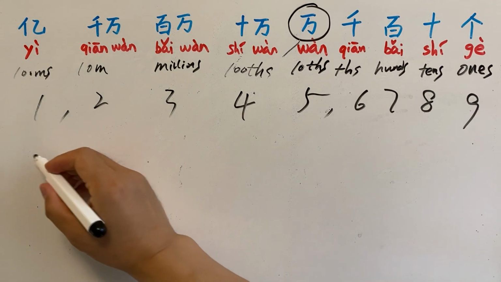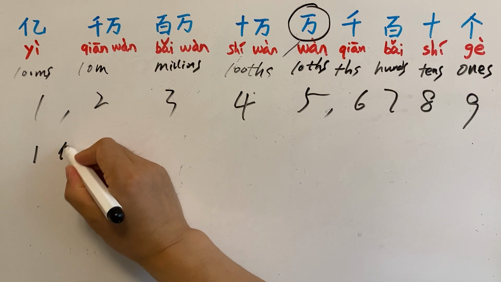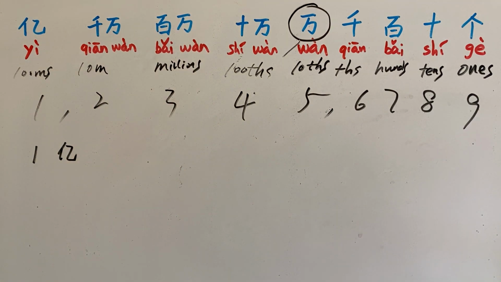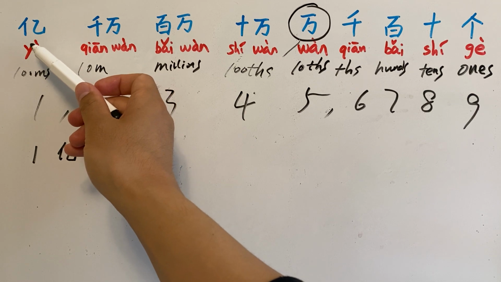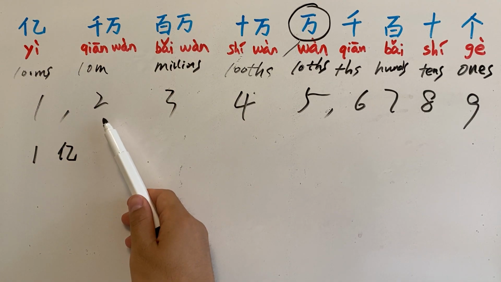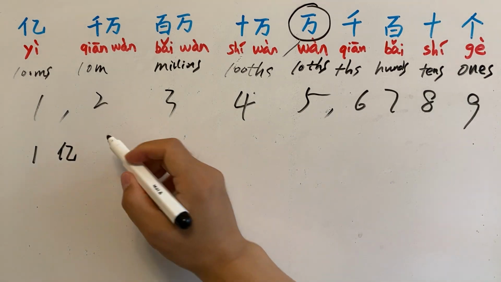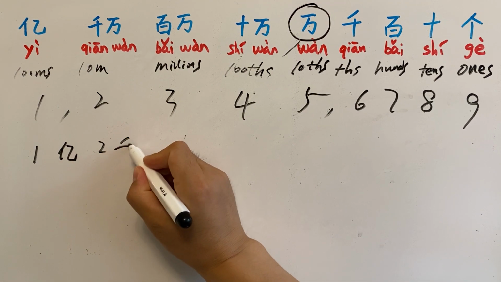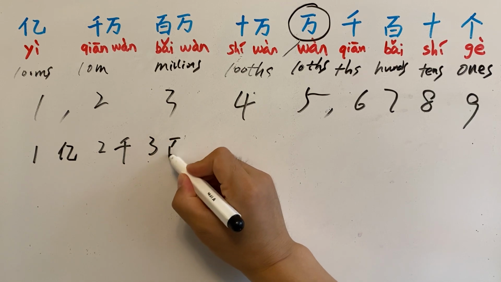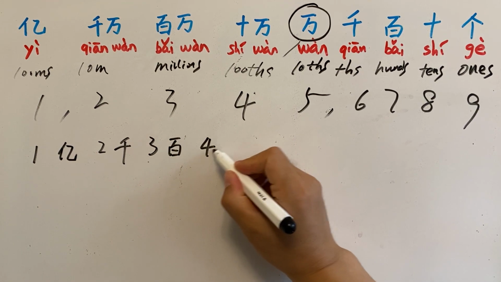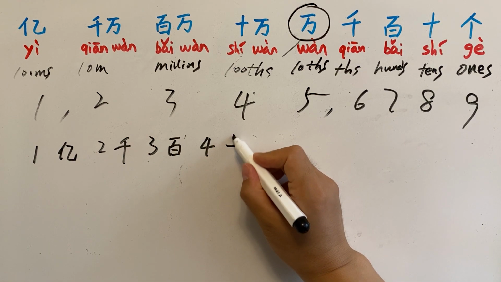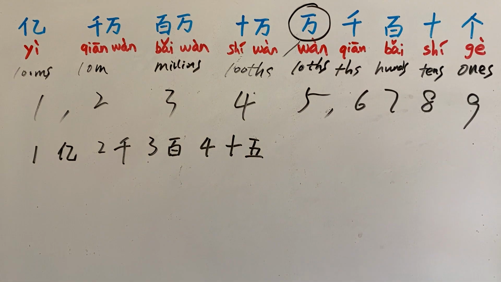I'll write it here, 1亿, 100 million. 2345万2345.